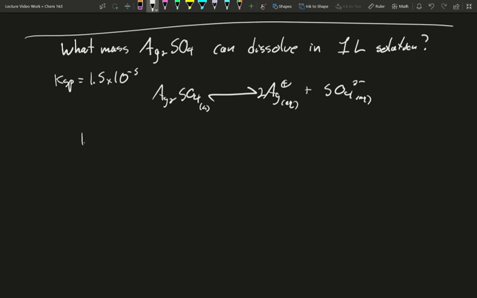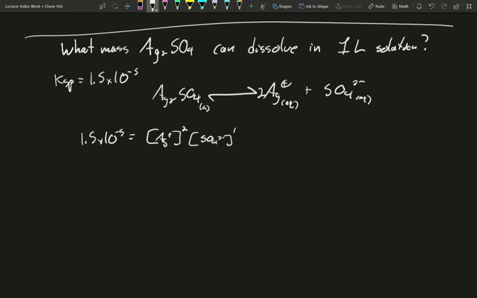Well, Ksp 1.5 times 10 to the minus 5 must equal our products. So Ag plus to the second power times sulfate to the first power. And, well, the solid factors out, so we don't divide by it. So our Ksp is just equal to the silver concentration squared times the sulfate concentration.